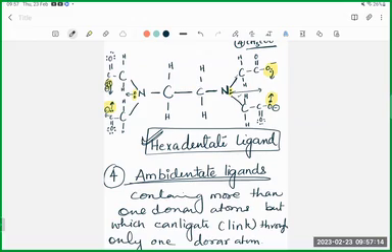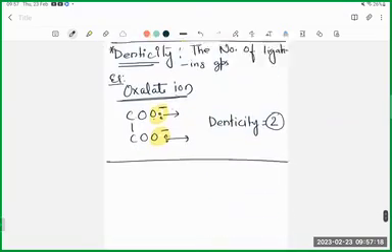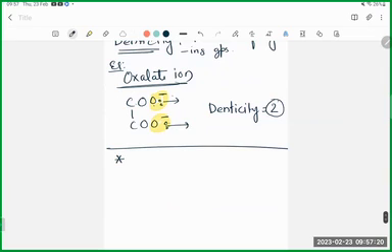Yeah, Hridaya. So let us move on to the next topic, chelating. Denticity is done. The next small topic is chelating complex. For example, I would take EDTA. This will basically be a polydentate ligand bonded with the metal ion.